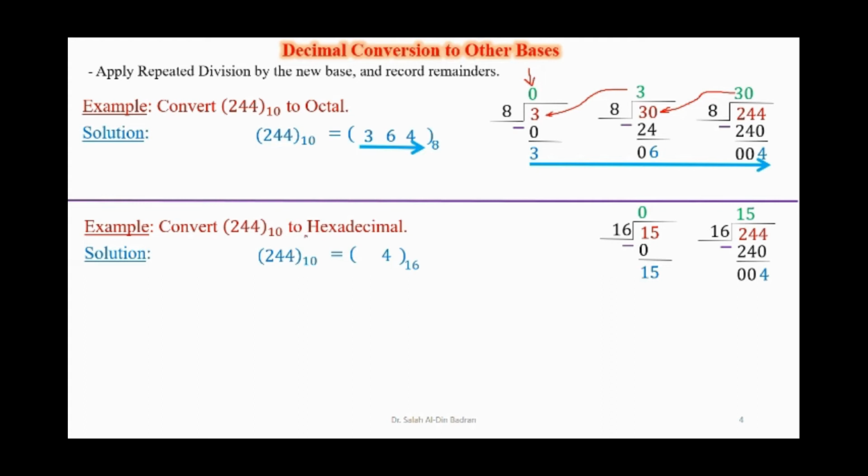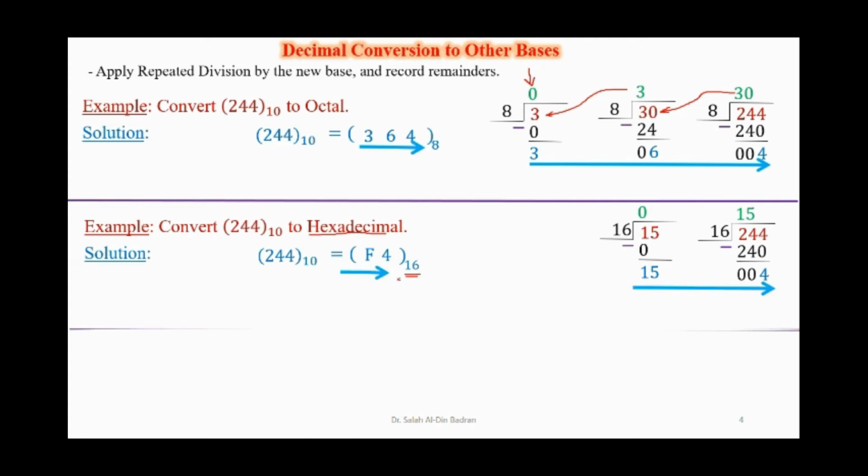Because you want to convert the number to hexadecimal, you need to convert this remainder into its corresponding hexadecimal digit, which is F. So you add F to the left side of the first hexadecimal digit. That's it. You are done with your hexadecimal number. Don't forget to add the subscript here, 16.